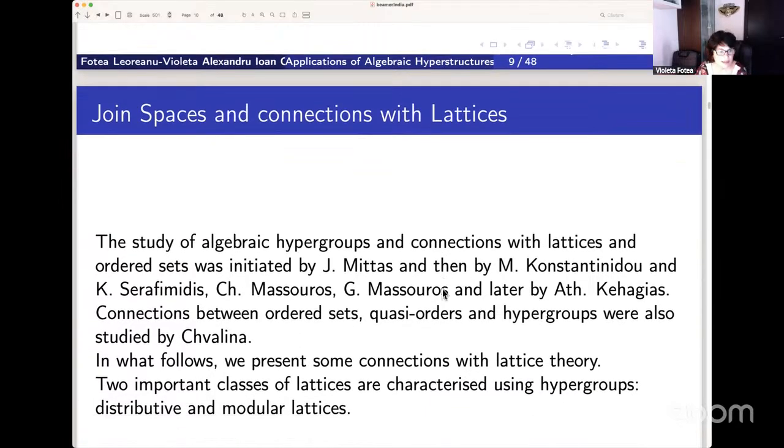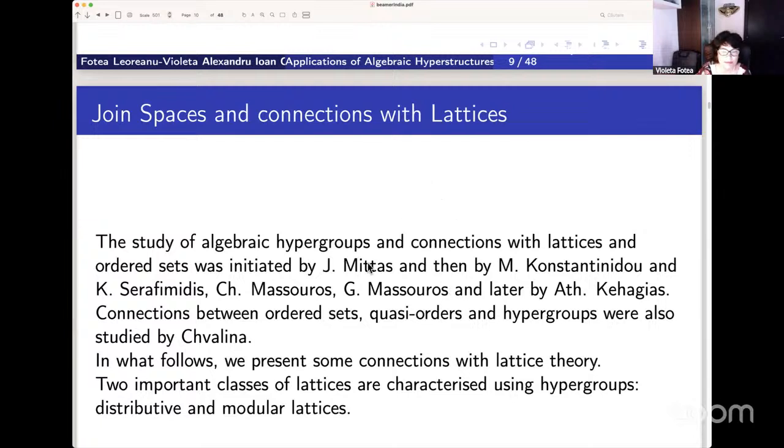Connections with lattices and ordered sets were initially made by Jean Mitas, and then by Maria Constantinidou, Carlos Serafimidis, Christos and Gerasimos Masuros, and later by Kehagias. But they were also studied by Chvalina in the Czech Republic.